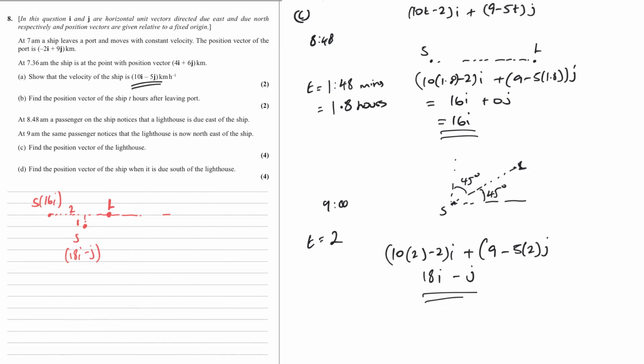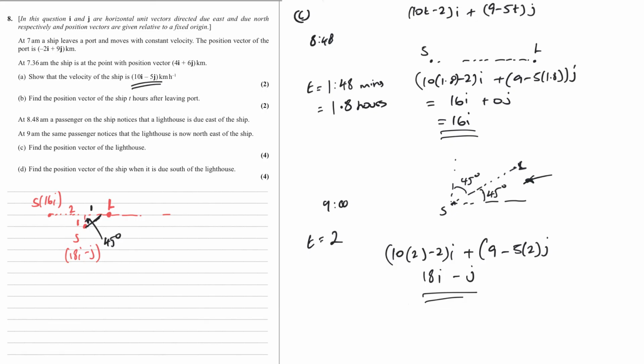And for me to have a 45-degree angle, it has to have the same horizontal and vertical values. So if we've gone down 1, we've got to go up 1 as well, or across 1, I should say, to make sure we get this 45-degree angle in here.